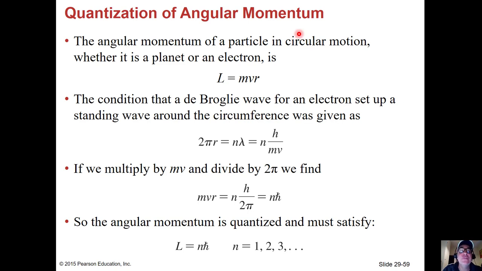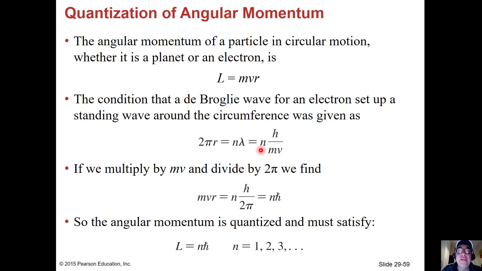So thinking back to Physics 220, the angular momentum of a particle in circular motion is mv times r, so go think back to Physics 220 for that. In the first part of Chapter 29, we talked about quantization of the de Broglie wavelength, and we looked at the distance around a circle, 2 pi r, had to be a multiple of the wavelength, so n times the wavelength.